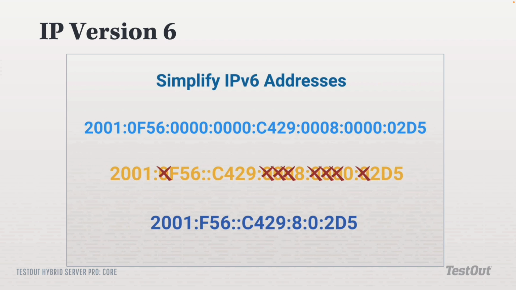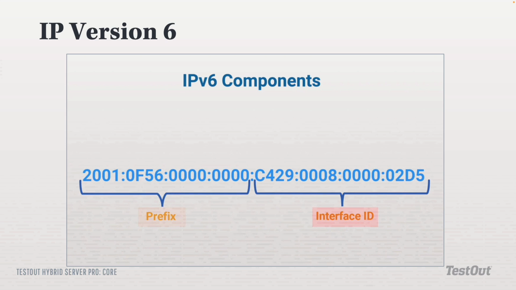You could just physically remove them, and the protocol is smart enough to see that there should be a colon there. It can unpack that address, okay? And we can look at this bottom address and figure out where the zeros go back in, right? We can use our powers of deduction, like on Scooby-Doo, and figure out how to re-expand them.